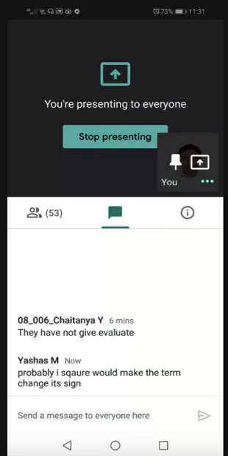Yashas is telling me that i square would make the term change its sign. No, no, I'm not using i there. Why have I taken minus x outside? In the place of it I can take plus x also, right? In the first term I have taken plus x, and in the second term I have taken minus x.